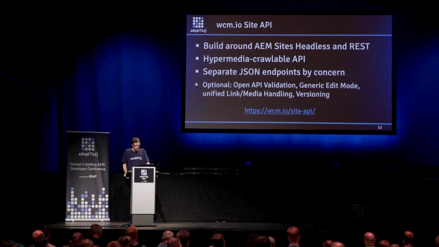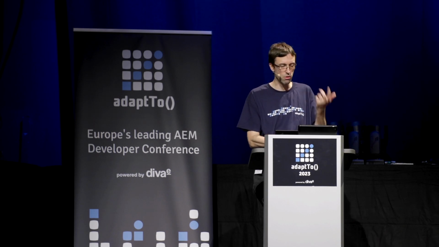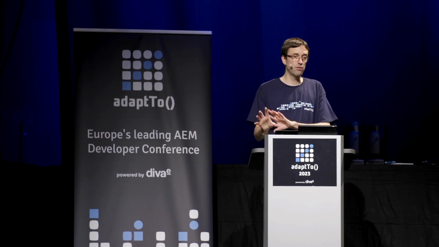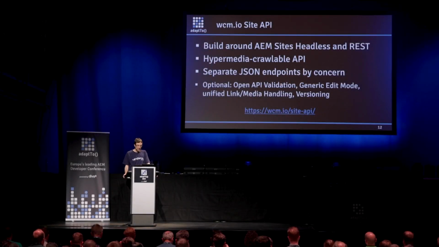We usually try to separate JSON endpoints, or views, by concern, meaning we have one endpoint for content, one for navigation or header and footer stuff, one for configuration, one for sitemap probably, and so on. Separating this means each can be separately requested and separately cached. Optionally, Site API is a collection of multiple bundles and Java modules.